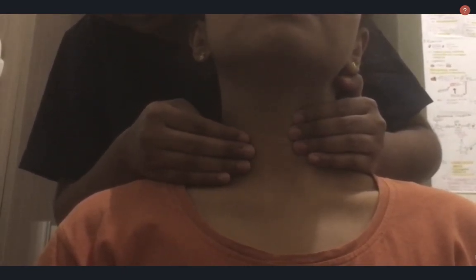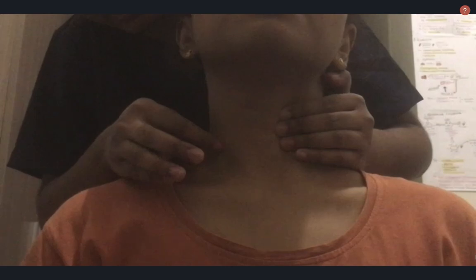Now palpate the right lobe. Here you can see a small bulge. Repeat this process on the other side and palpate the other lobe. Check for any tenderness or swelling.